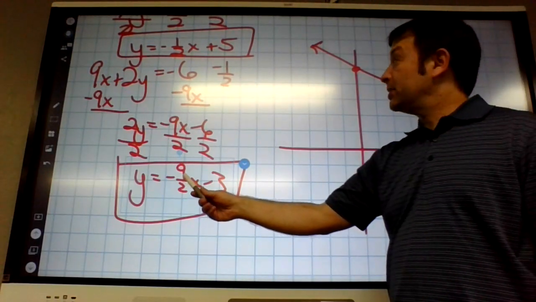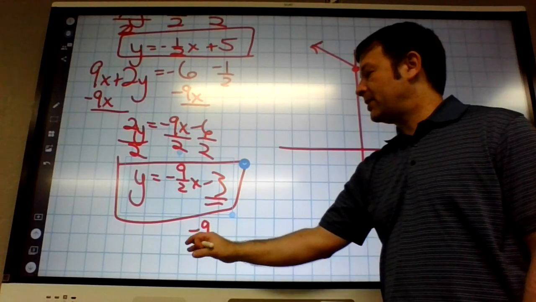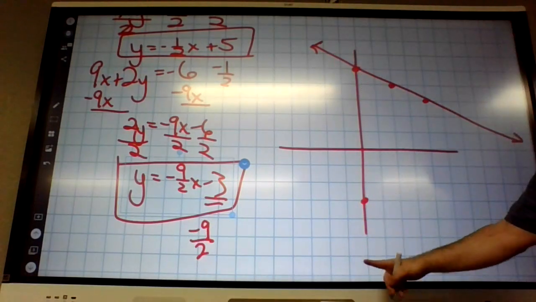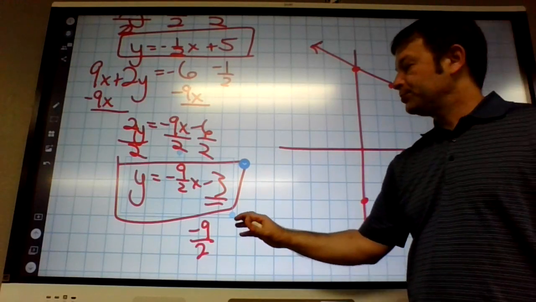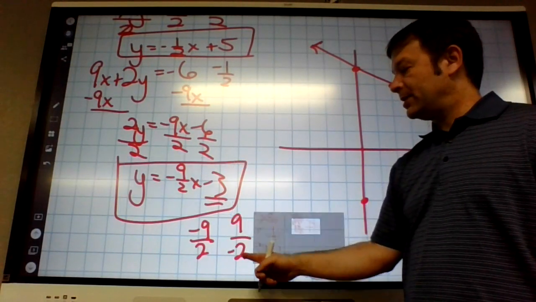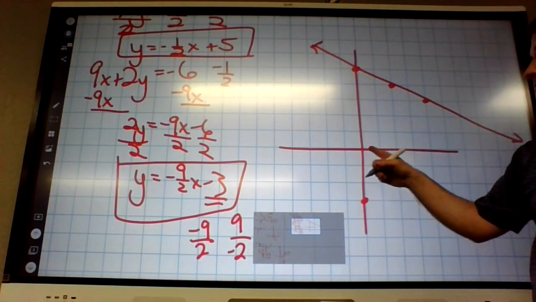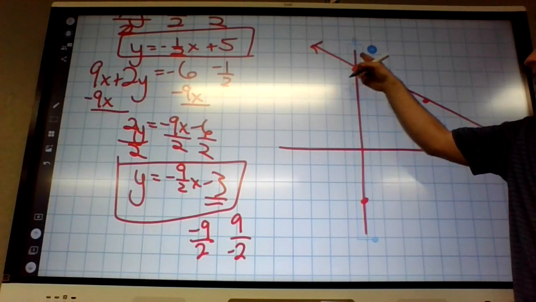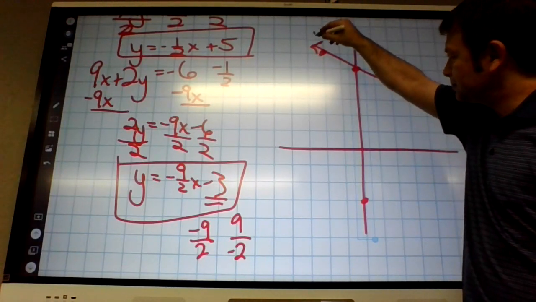Alright, well, this says -9/2, so that's either down 9 right 2, which will be way off my graph, or what else could I do? Go up 9, back 2. Right, you can go opposite. Up 9, left 2. So 1, 2, 3, 4, 5, 6, 7, 8, 9, 1, 2. What a coincidence, they cross right there.